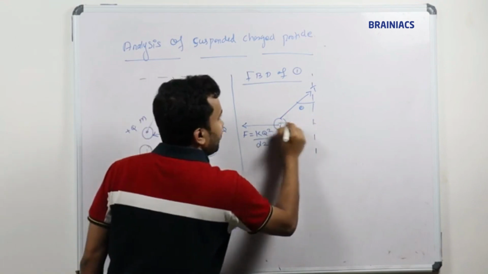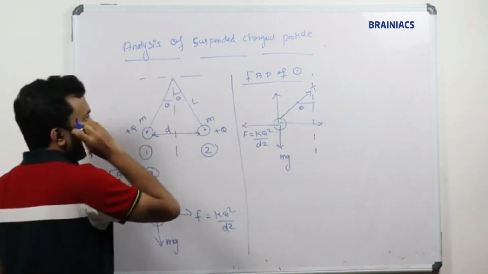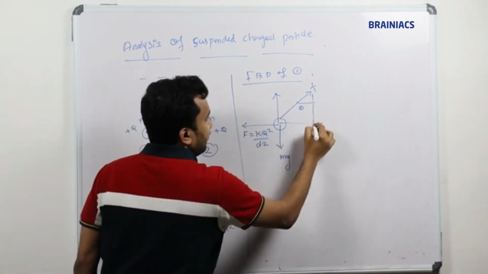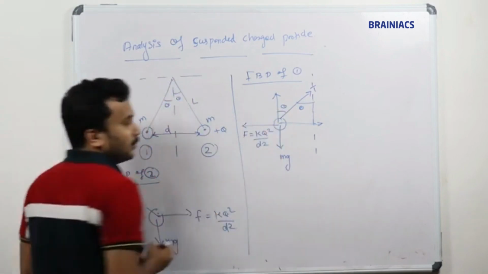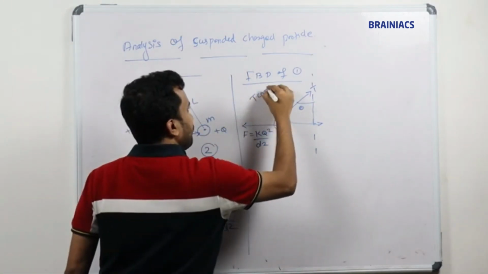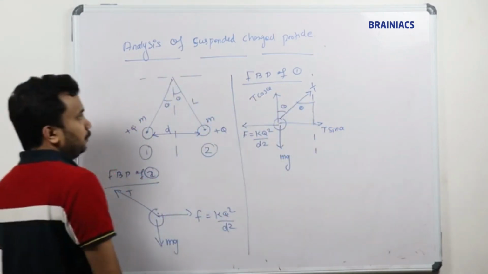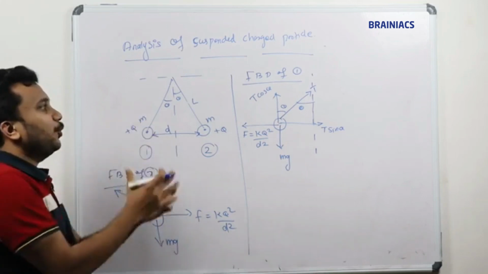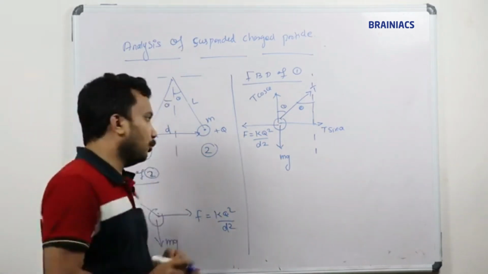As I told you in physics, we can split this tension into two vectors. If this angle is theta, then this angle is also theta. So the component becomes T cos theta and the opposite side becomes T sin theta.